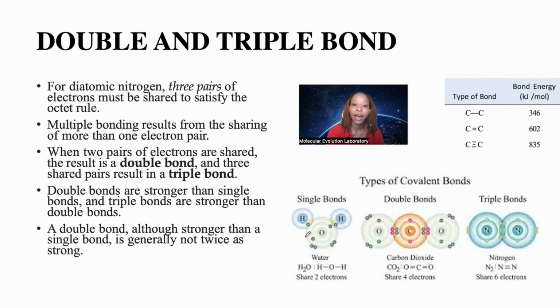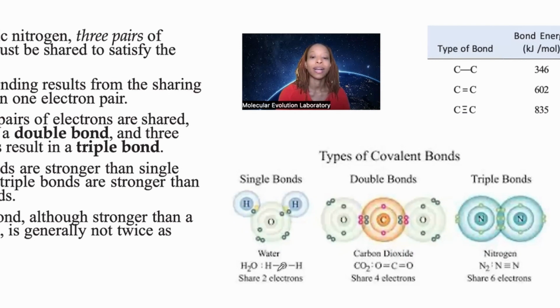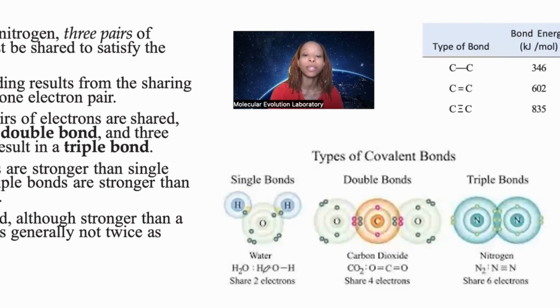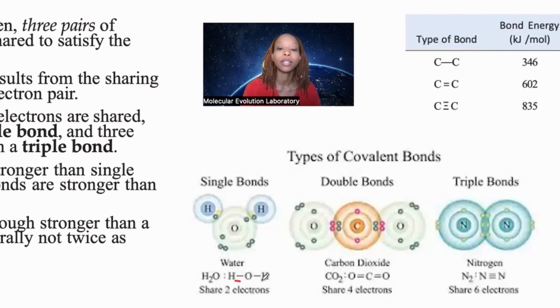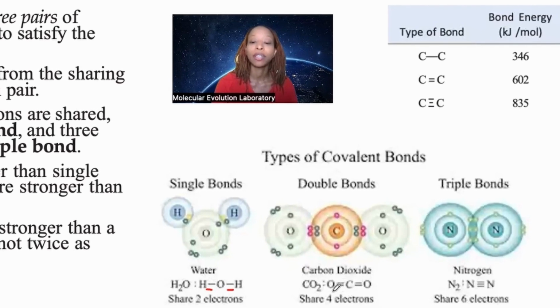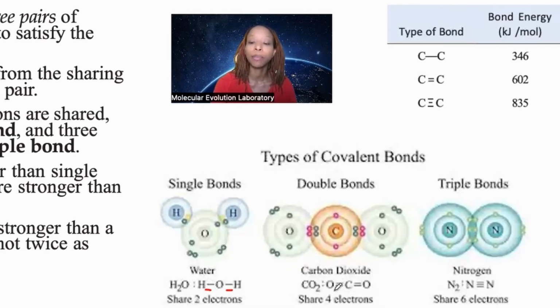So here we have the single bond, where a single bond occurs between the hydrogen and the oxygen. Here we have CO2, where a double bond occurs between oxygen and carbon. And here we have the triple bond between nitrogen and nitrogen.